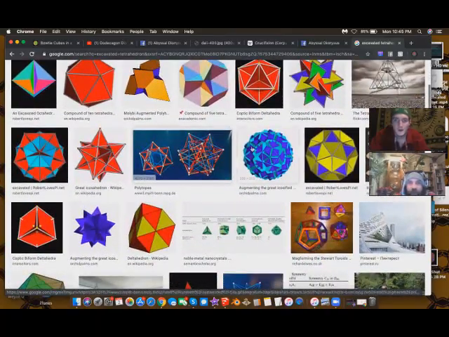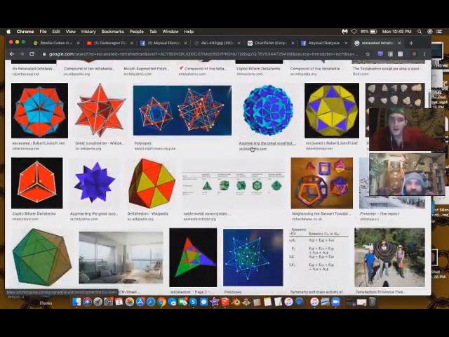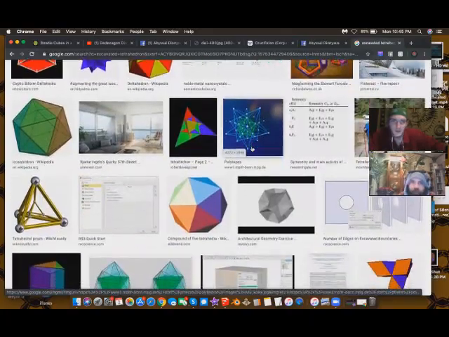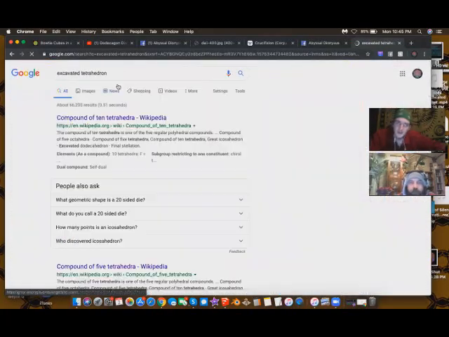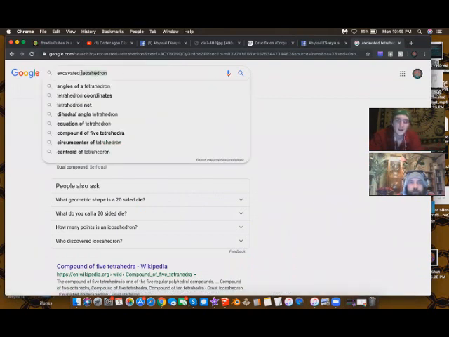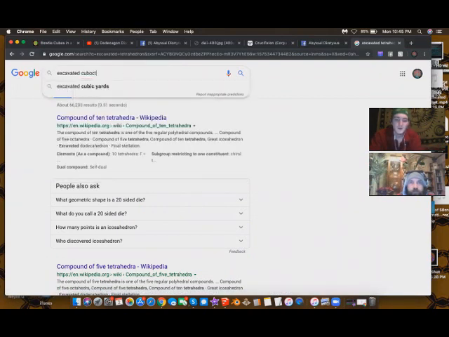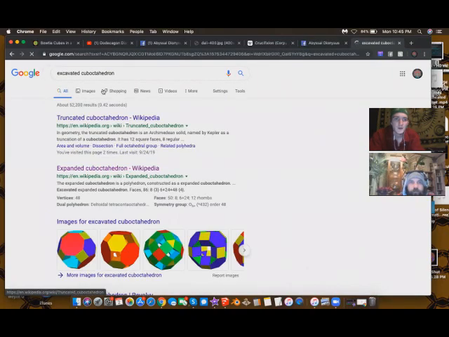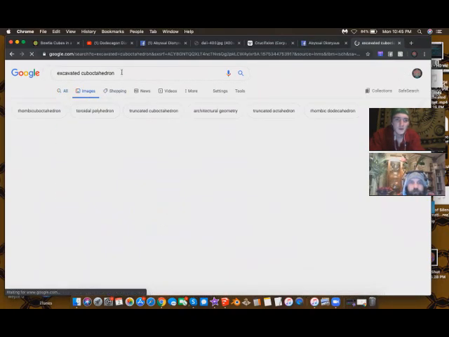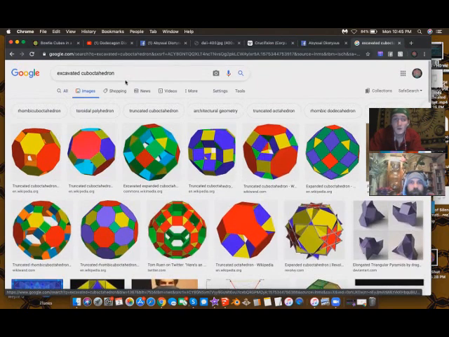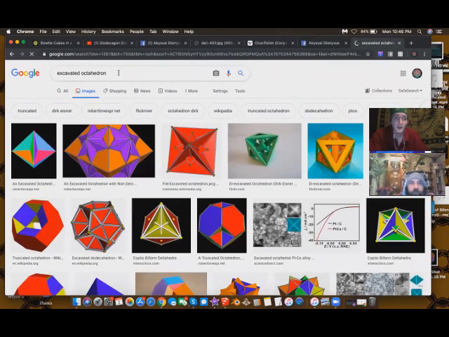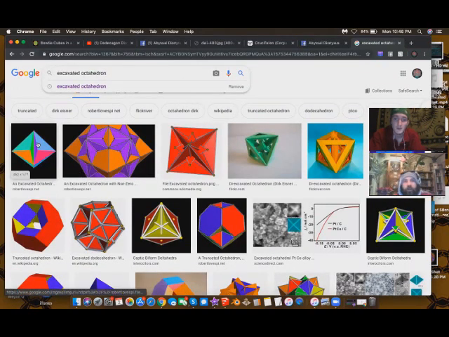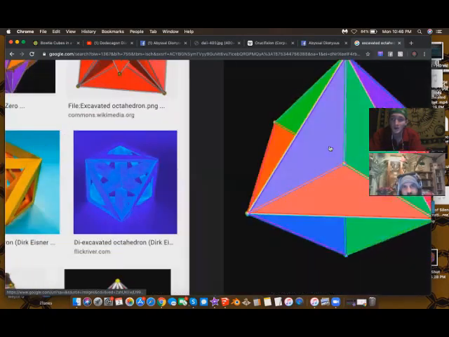Here we go. Okay, I was trying to pull up the excavated tetrahedron, but even Wiki's not so familiar with it. And I like the excavated cuboctahedron, it should come up right away. No, it doesn't. Or even hopefully the octahedron. Anyhow, well, here's an excavated octahedron.